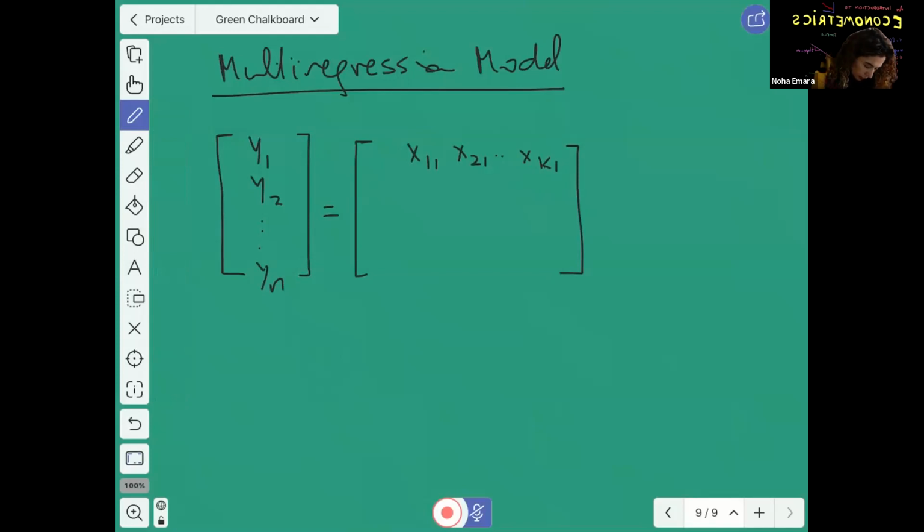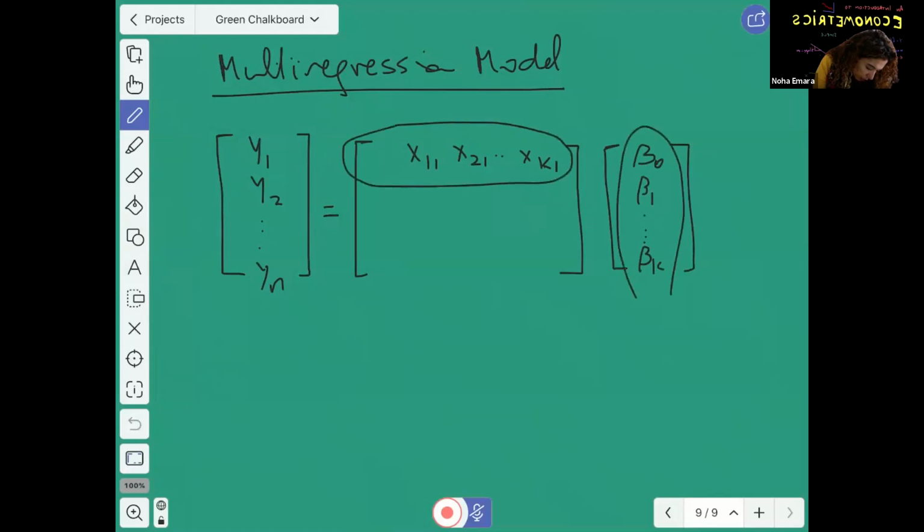Then I have something here, which is the vector of coefficients. This vector of coefficients is beta 0, beta 1, all the way up to beta k, such that when I multiply this times this, I get my equation. However, the beta naught needs to be multiplied times something to get beta naught, so it has to be 1.